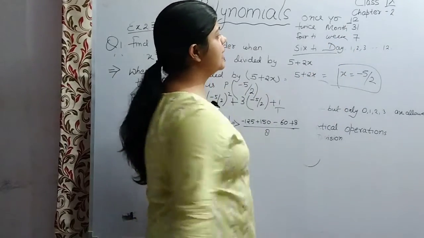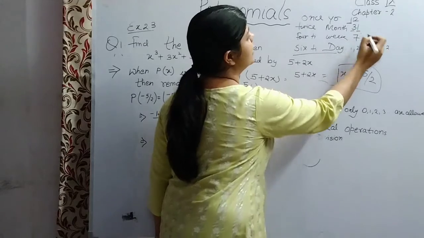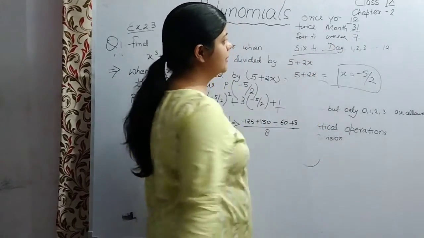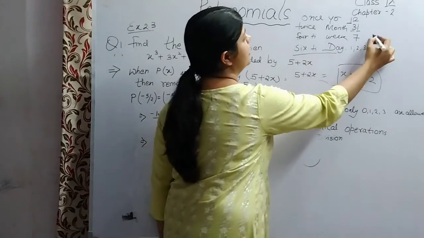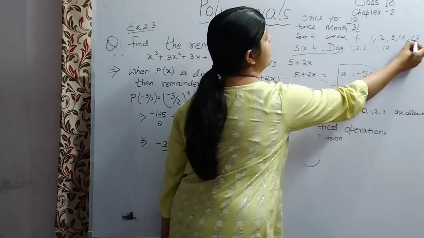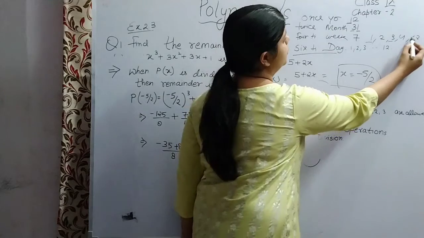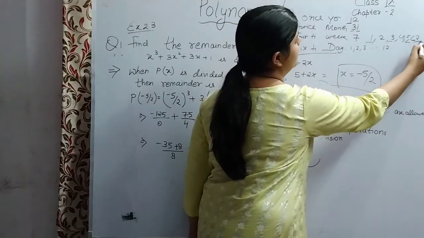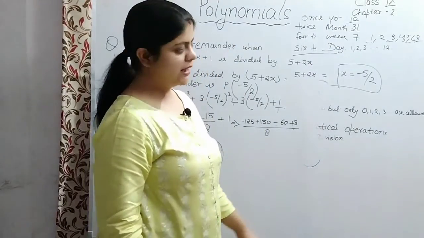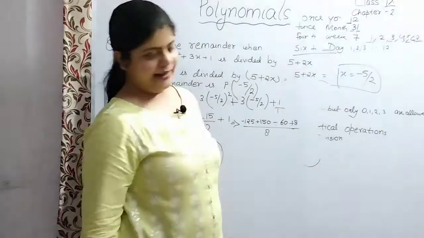Twice in a month: 31, 1 and 3 both are odd numbers. Now 4 times in a week: 7 days we have in a week, so 1, 2, 3, 4. 1, 3, 5, 7. These are the odd numbers in a week.